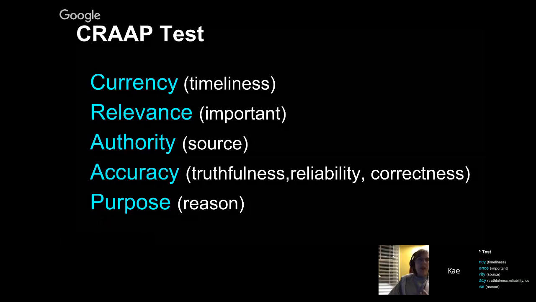So is it timely? I mean, something that was written 60 years ago probably is not going to be something that is very good for you to use present day, unless you're specifically talking about that period of time in history. Is it relevant? I mean, as you said, Syrian cuisine is lovely, but what does it have to do with what's going on? Same thing if you're talking about yellow fever and a malaria epidemic or whatever, you don't want to be talking about something else.